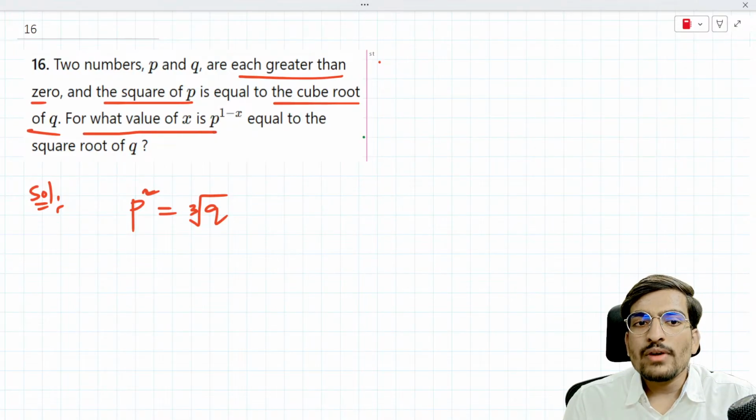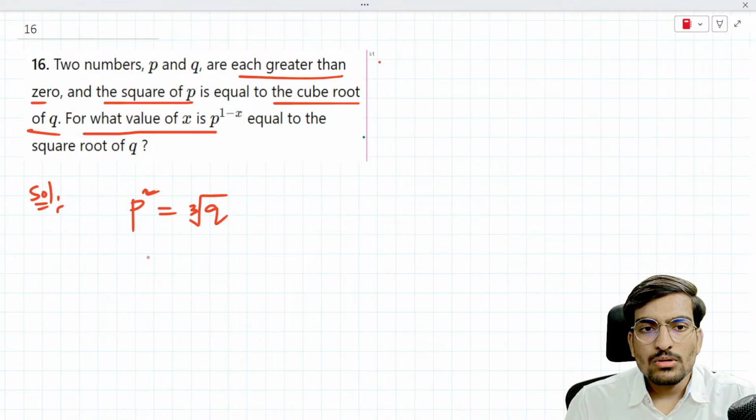For what value of x is p raised to the power of 1 minus x equal to the square root of q?